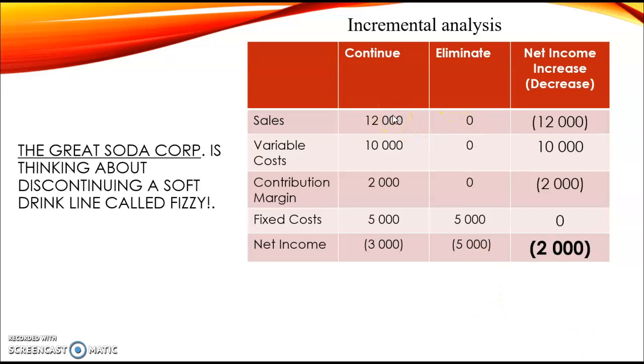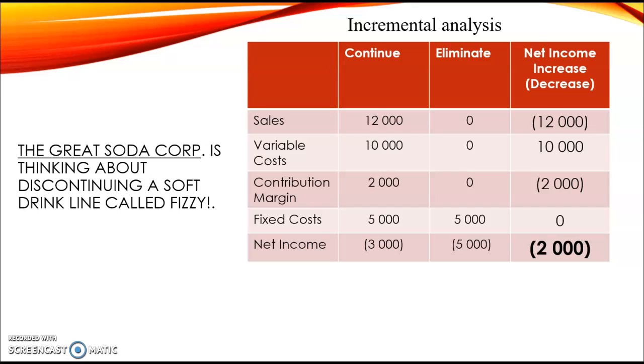Total revenue is $12,000. Variable costs are $10,000. Then we subtract variable costs from total sales and find the contribution margin. To figure out the net income, we subtract fixed costs from the contribution margin. It is $2,000 minus $5,000.